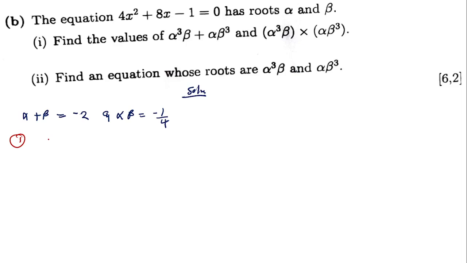So this one is alpha cubed beta plus alpha beta cubed, which can be worked out in the following way.